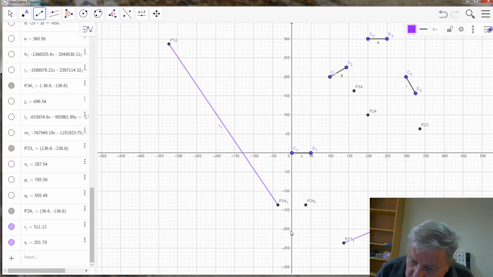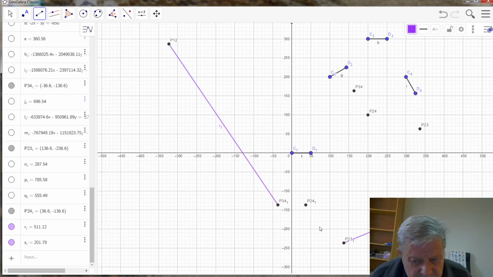The third complementary pole will be P13, P24. It will be, okay, I'll show it. P241 is here.